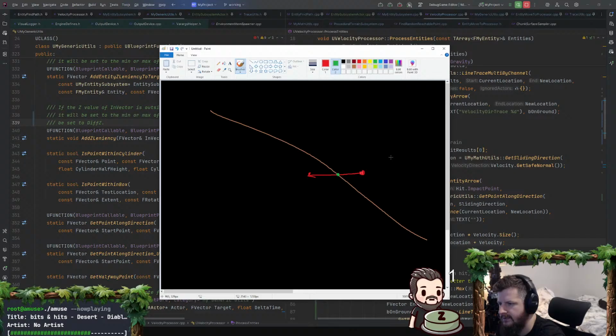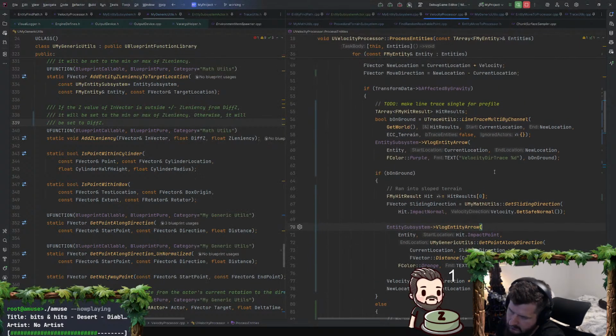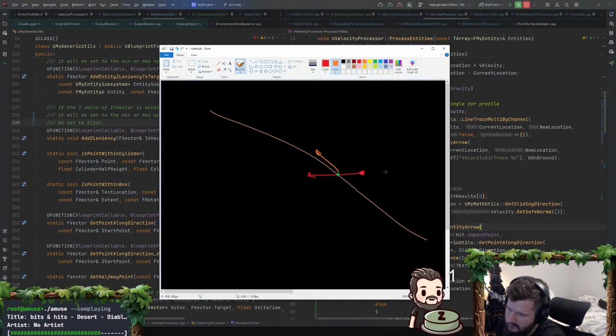And then we calculate the sliding direction, which is orange, which ends up being something like that. Well, no, the directional arrow is something more like this. We're starting someplace close to the ground. We do a purple directional arrow, but we get a hit right there. So we get that hit, and so we do a better arrow like that.